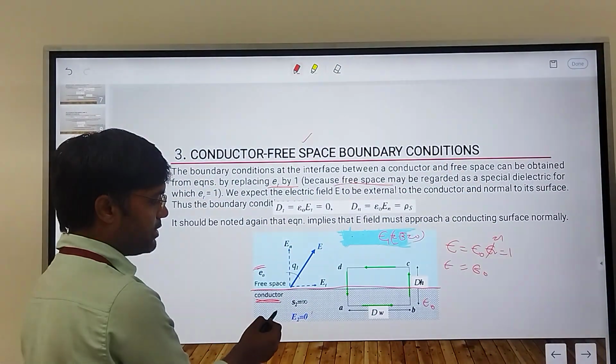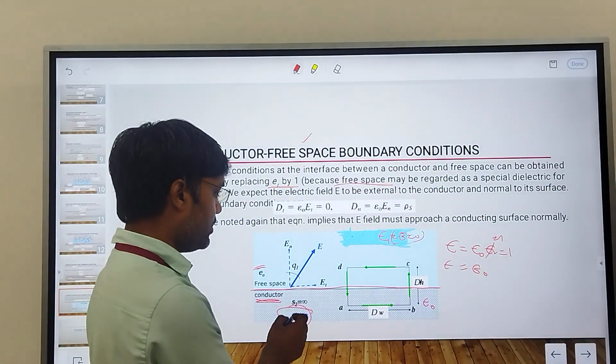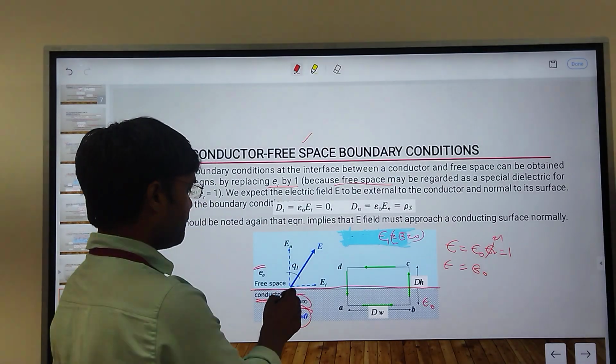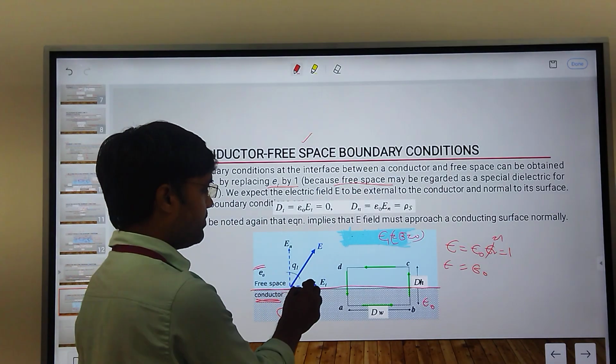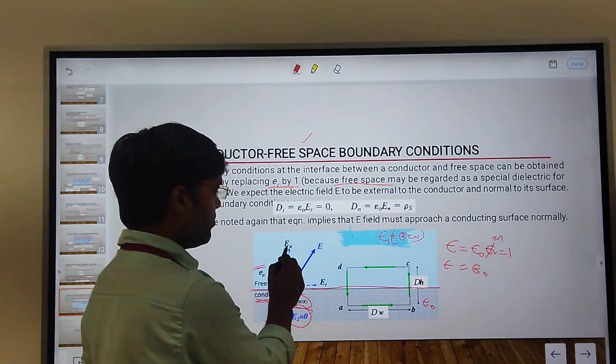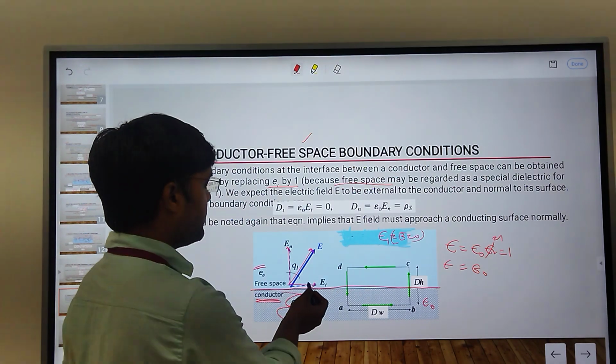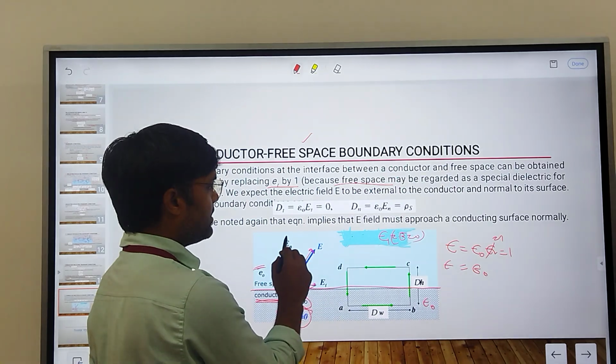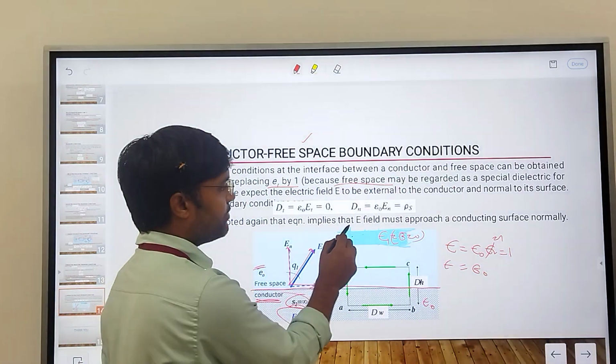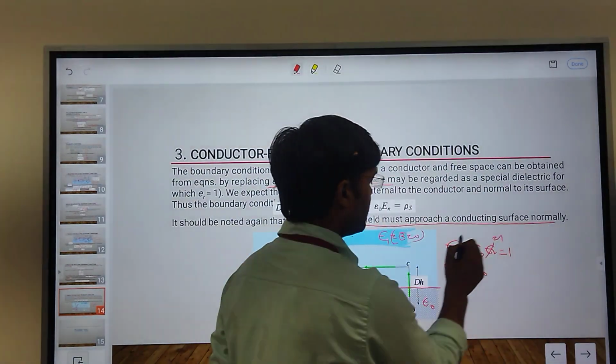In the conductor, there is no electric field intensity and no volume charge density. In free space, there will be a tangential component and a normal component, so the resultant electric field would be like this. This implies that the electric field must approach a conducting surface normally.